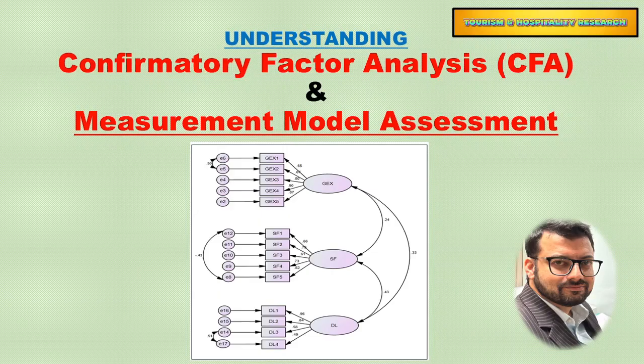Today, we will be talking about what is confirmatory factor analysis, abbreviated as CFA, and what is measurement model assessment. So once you have done the exploratory factor analysis, EFA, then the second step is you confirm whatever indicators, items or observed variables are there in your survey questionnaire which is planned by you.